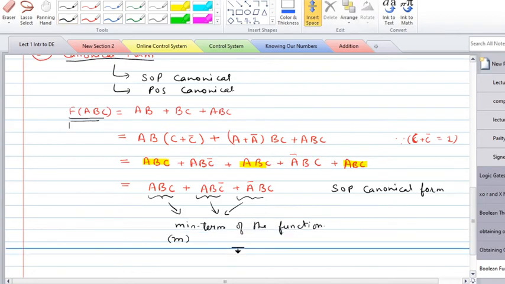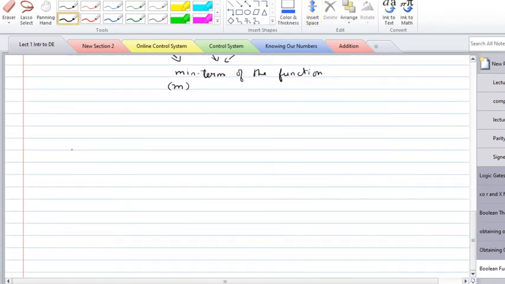Now consider again the conversion of POS form to POS canonical form.